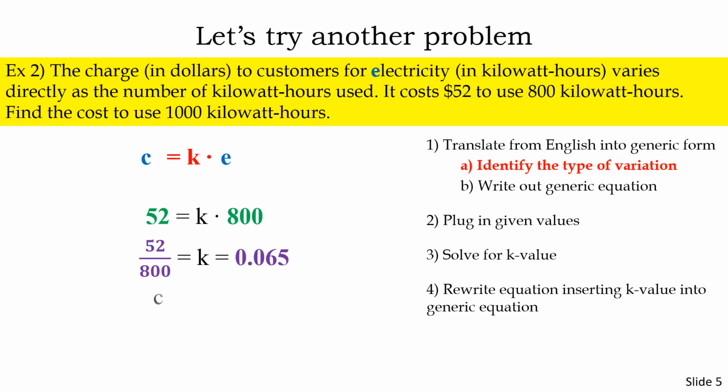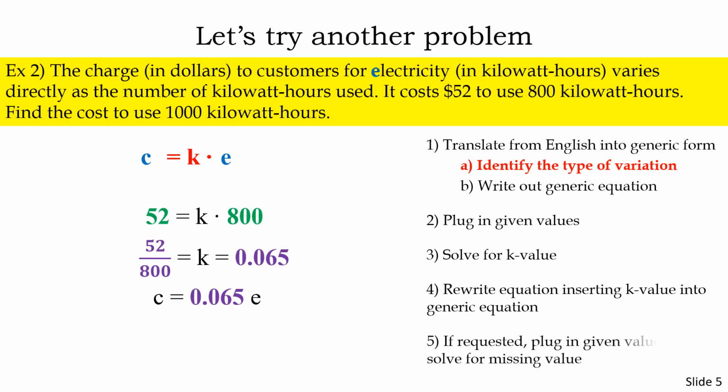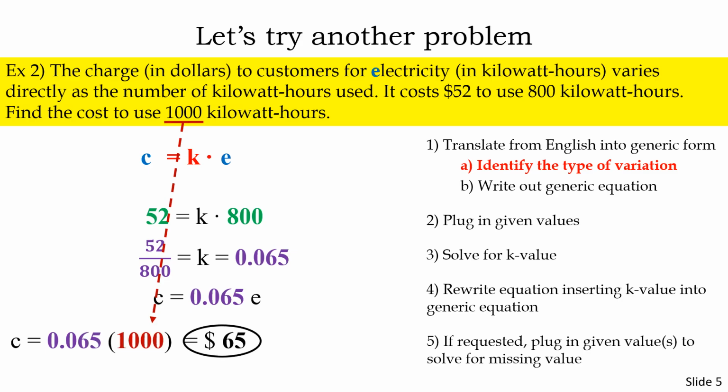Rewrite the equation inserting the k value. So C equals 0.065E. If requested, and we are, plug in the given value to find the missing. So we're given electricity, or E, is 1,000 kilowatt hours. We plug it in and we get the charge, which is $65.